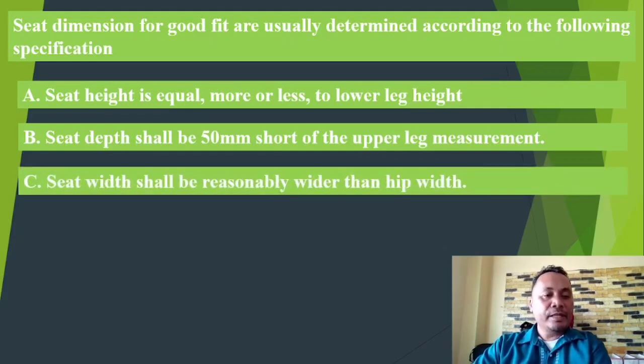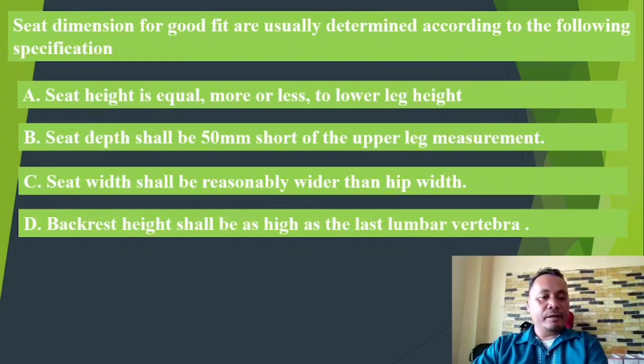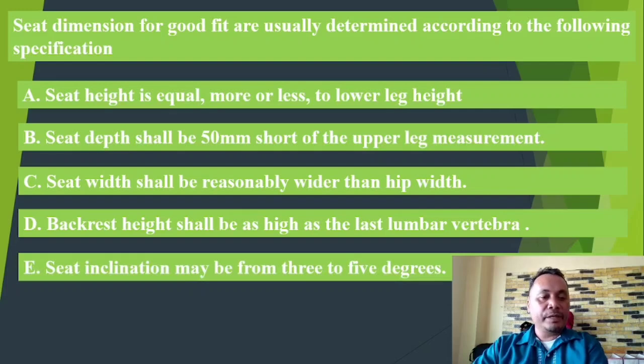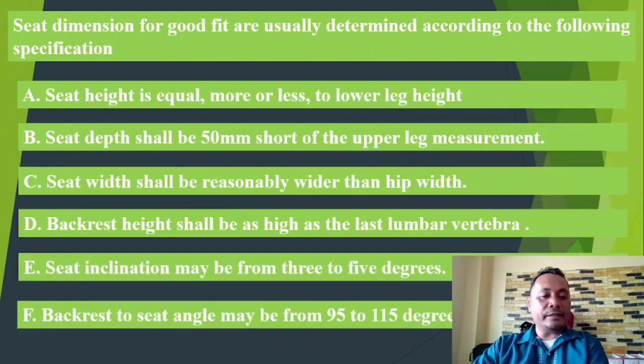And then seat width shall be reasonably wider than hip width. Backrest height shall be as high as the last lumbar vertebra. Seat inclination may be from 3 to 5 degrees. And then backrest to seat angle may be from 95 to 115 degrees.